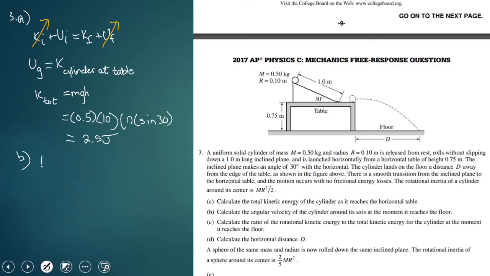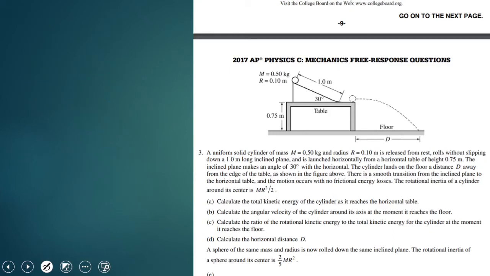So we know that our K total is equal to K translational plus K rotational, which is equal to 1/2 mv squared plus 1/2 I omega squared. I'm just going to switch to the next slide. So 1/2 mv squared plus 1/2 I omega squared is equal to K total.